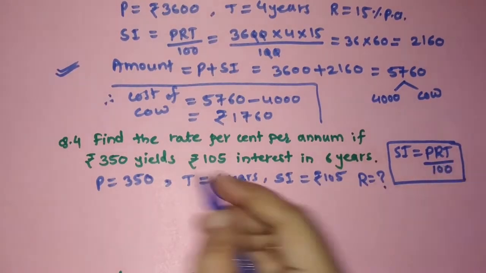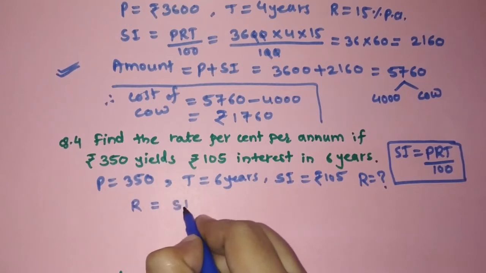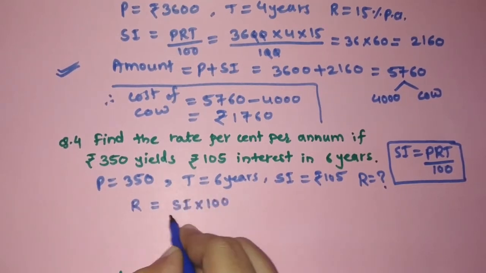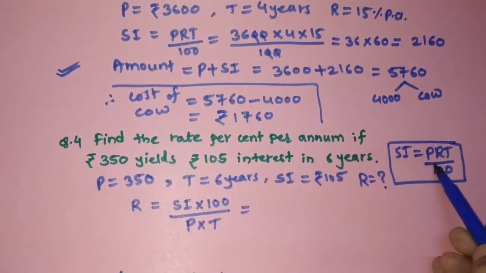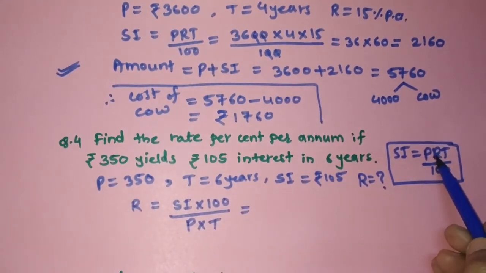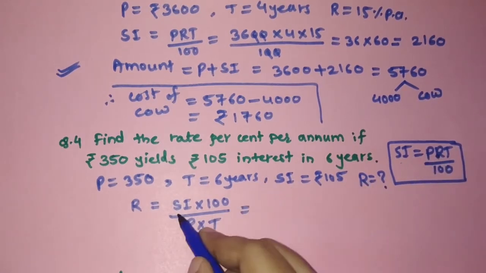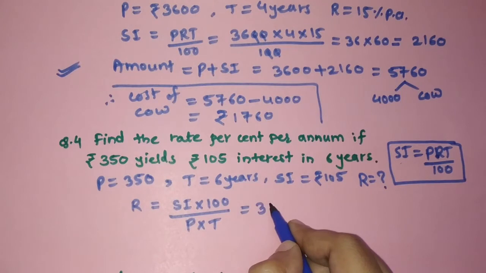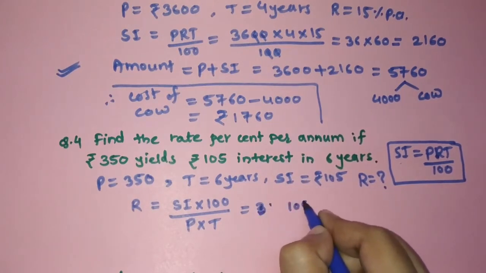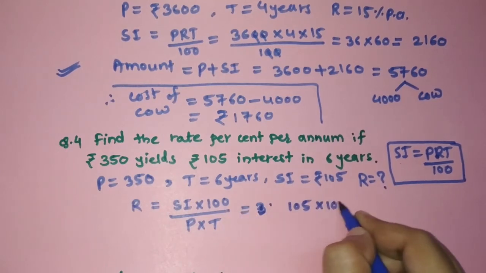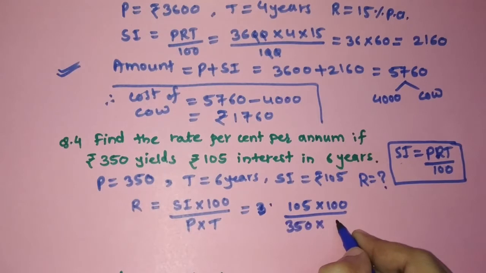We want to find the rate, so rate percent is equal to simple interest multiplied by 100 divided by P multiplied by T. So this formula I have changed. We want to find R, so we took R to this side and shifted the remaining values to the other side. So simple interest is 105, which is 105 multiplied by 100, and the principal is 350 and the time is 6.